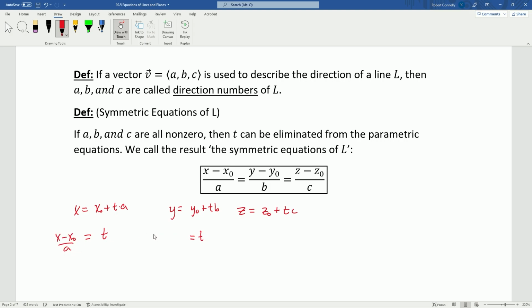Here I get t equals y minus y naught divided by b. And here we get t equals z minus z naught divided by c. So as you can see, since we can solve each of these for t individually, then all three of these expressions must be equal to one another, and therefore they have a symmetry to them. And that's why we call this the symmetric equations of L.